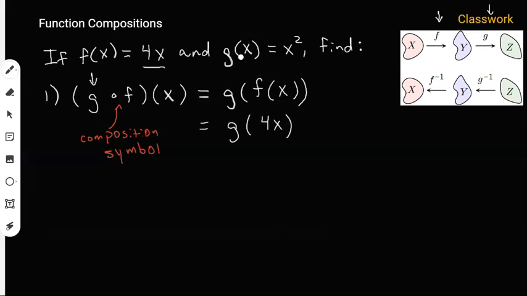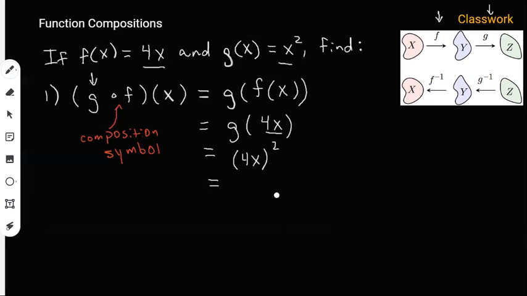So looking at this function g of x, I'm going to replace that x with a 4x, and that's going to help me solve this problem. So I'm going to write x squared, but instead of x, I'm going to put in a 4x and see what happens.